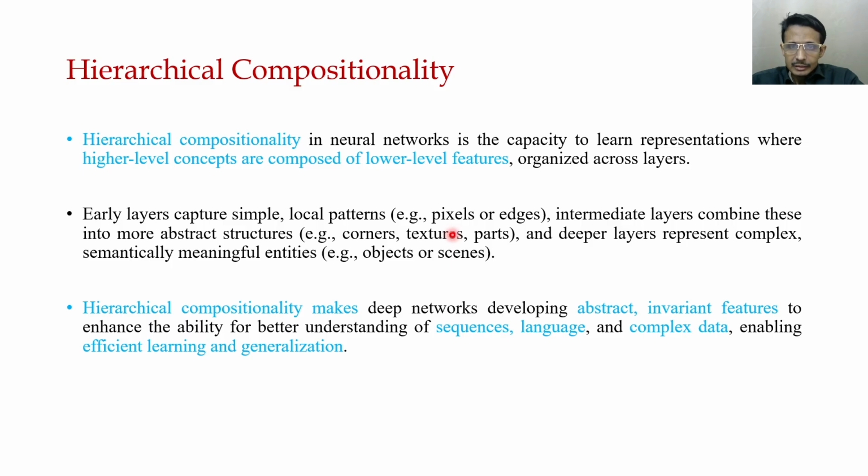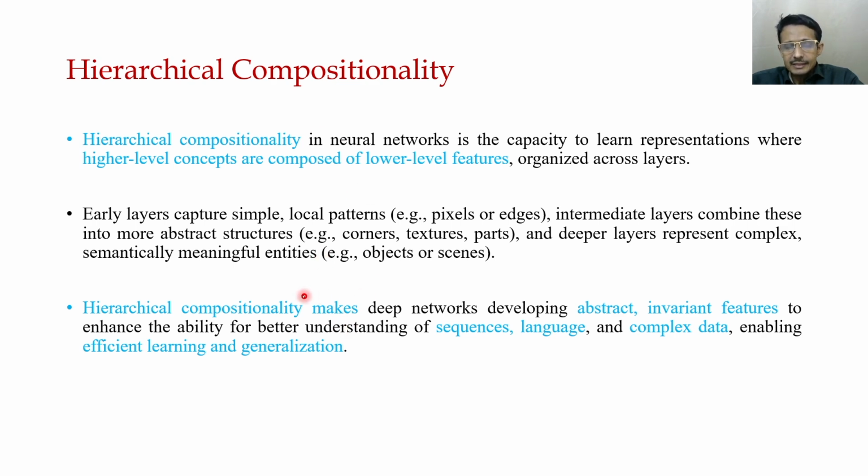And then again, these middle level neurons are combined to form deeper layer representations that represent more complex and semantically meaningful entities like objects or scenes. This is basically the hierarchical representation across the layers, which is called hierarchical composition. And that makes the difference, that these deep learning architectures are able to model very complex tasks very easily and accurately.